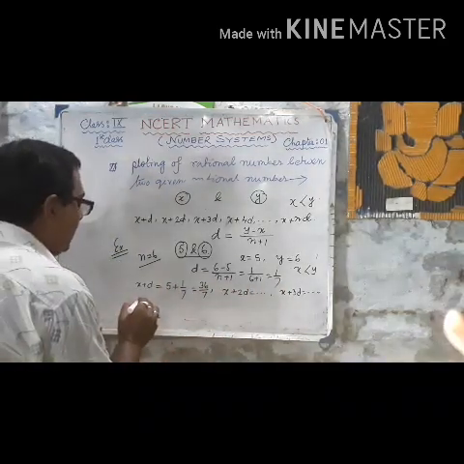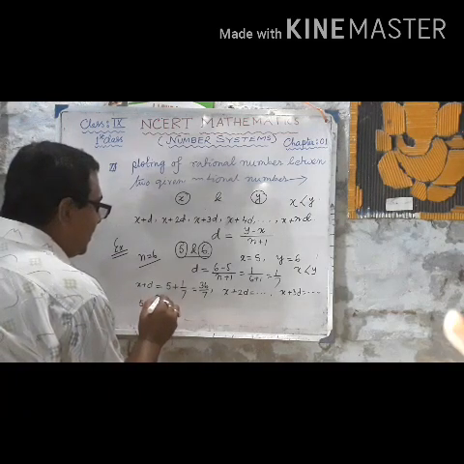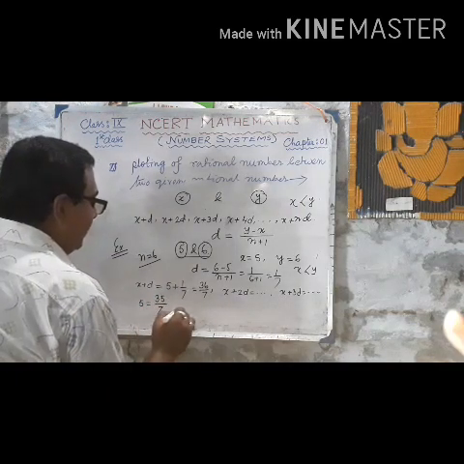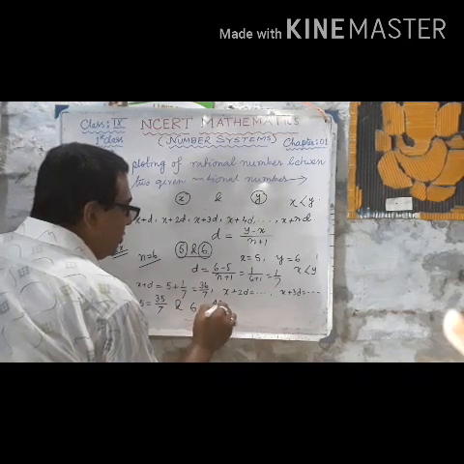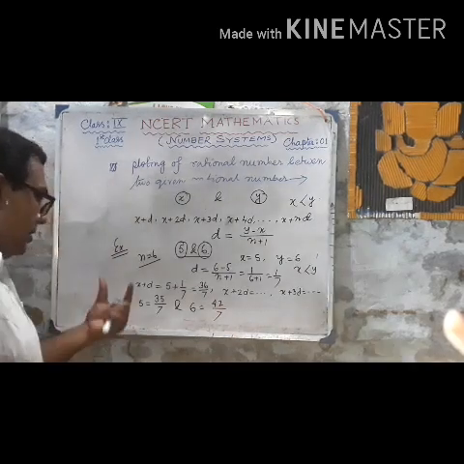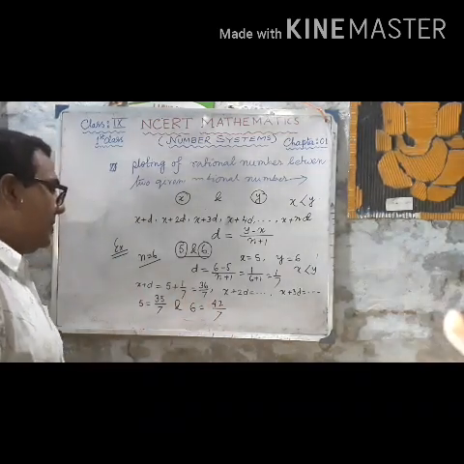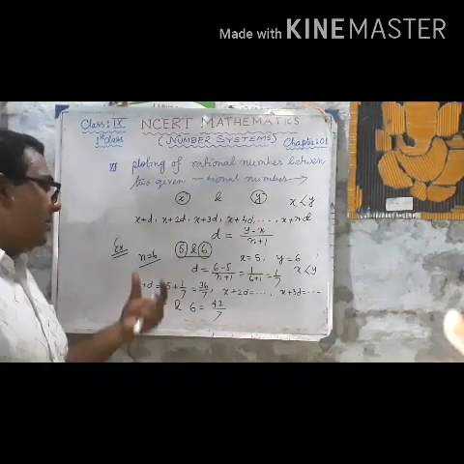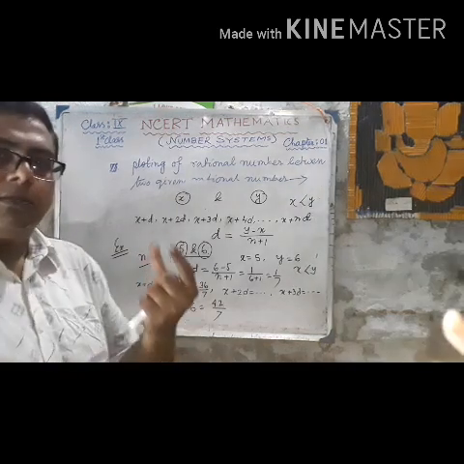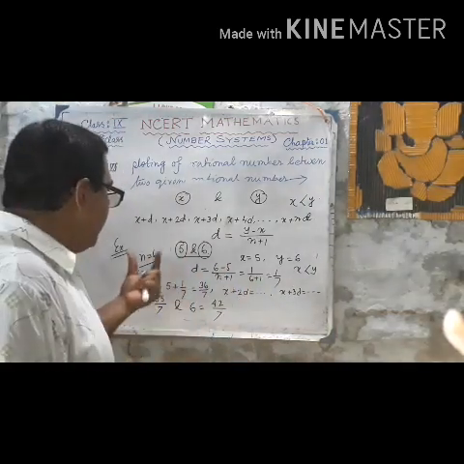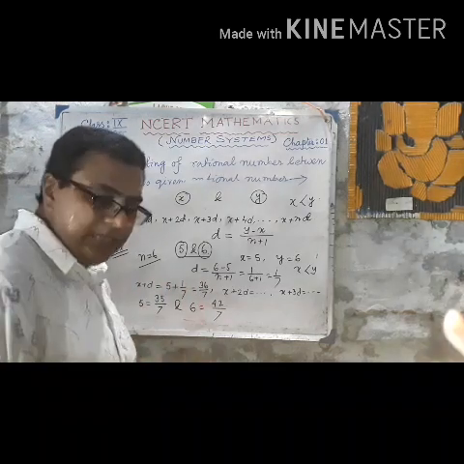How is this possible? 5 equals 35 by 7 and 6 equals 42 by 7. 35 by 7 has denominator 7, and 42 by 7 has denominator 7. Then we have to put 6 rational numbers between 35 by 7 and 42 by 7.